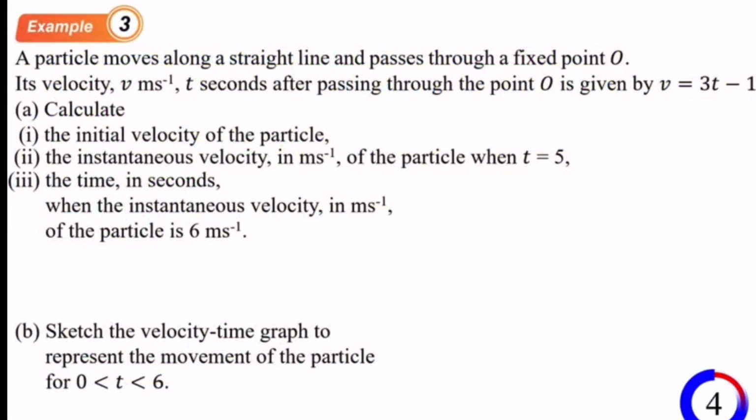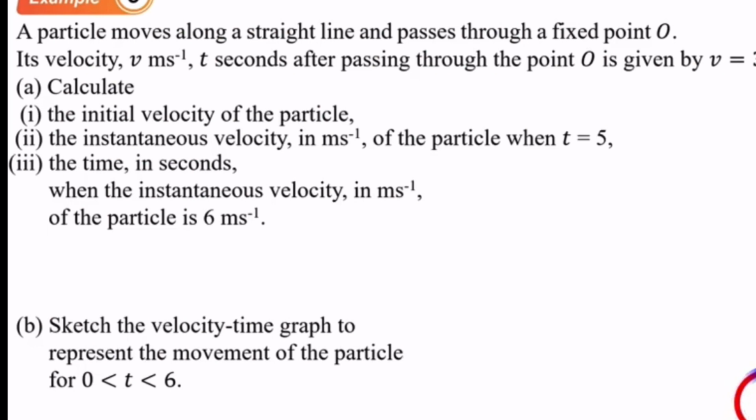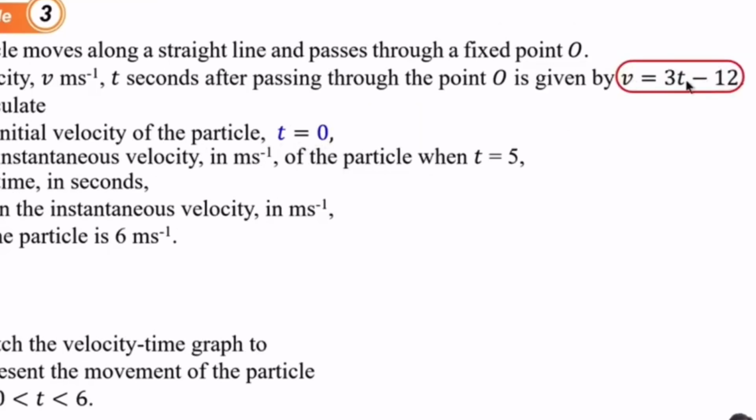So for this example, a particle moves along a straight line and passes through a fixed point O. The velocity v meters per second after passing through the point O is given by the function v equals 3t minus 12.